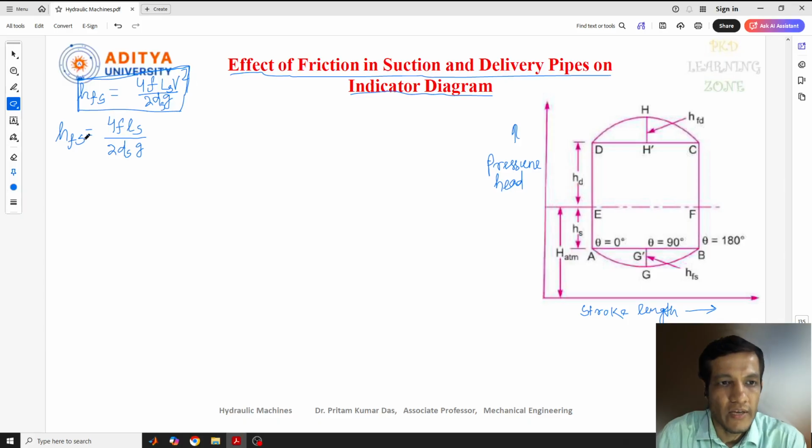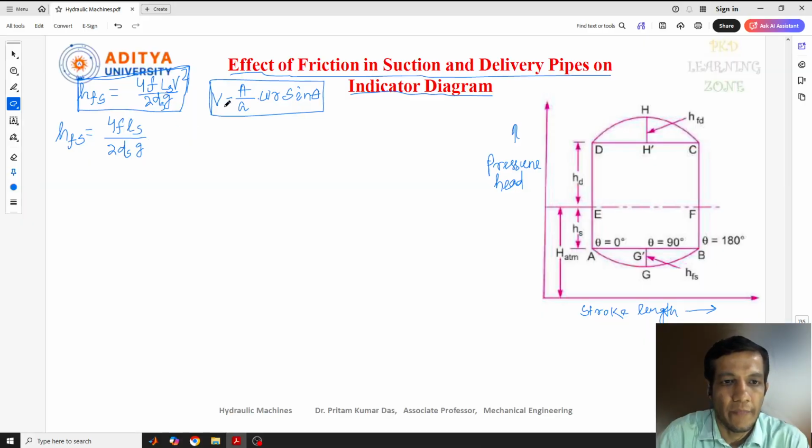From this we identified the value of velocity V, which is capital A by small a into omega r into sine theta. This is the formula for the velocity, and this value we need to put here.